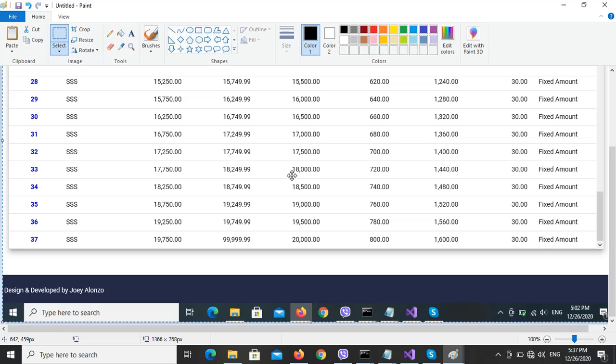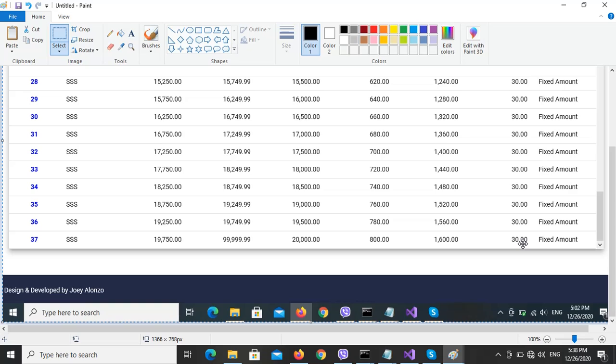And then since it is here, the employee share is 800, and then the employer share is 1,600, and the EC is 30. Okay, please note that this is for the whole month. Depending on your policy, you can actually deduct SSS per period or on the last period.